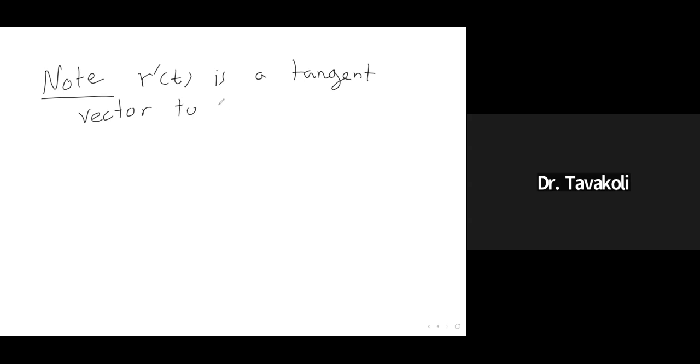So as a note, we can say that r prime of t is a tangent vector to the curve formed by r of t at the corresponding points.